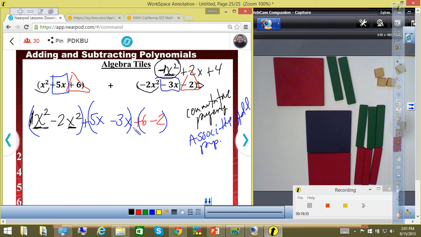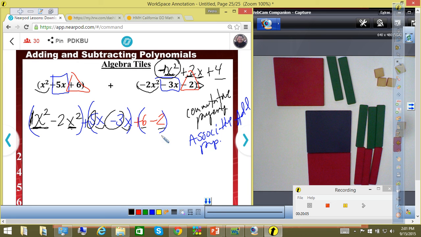So what can we conclude? That for when we're combining like terms, what happens to the exponents? Nothing. They stay the same. We rewrite it, and we just combine coefficients. Does everybody see that? Look at this one. X and x. I rewrite it. What is 5 minus 3? 2. Okay. And what is 6 minus 2? 4.